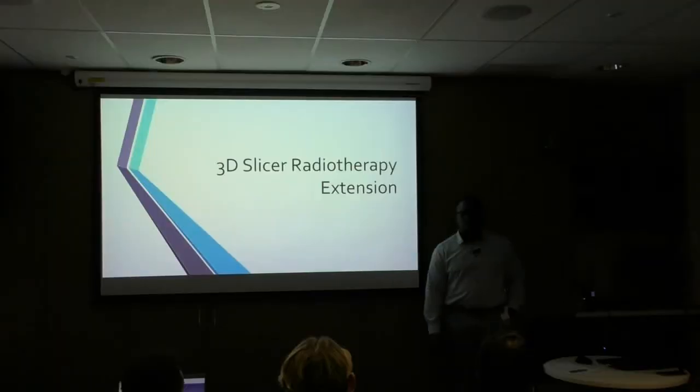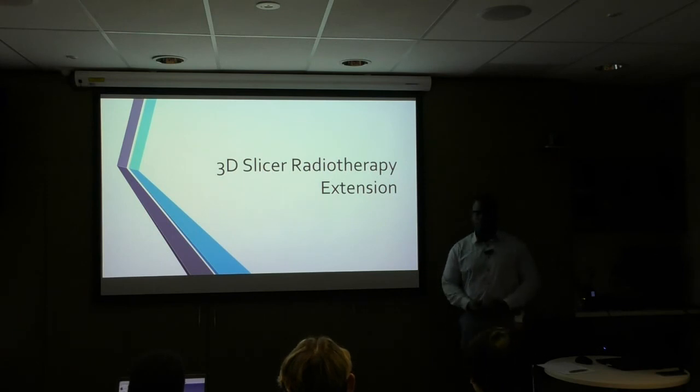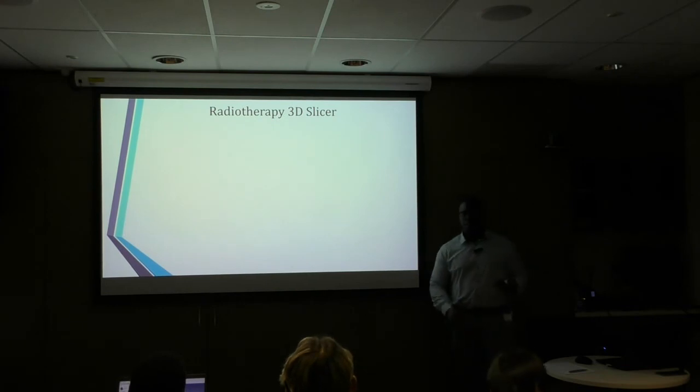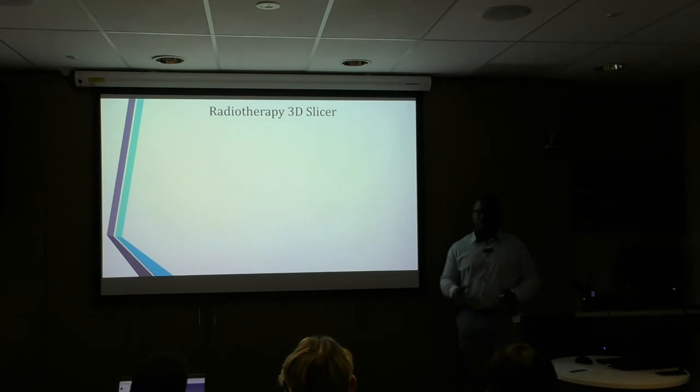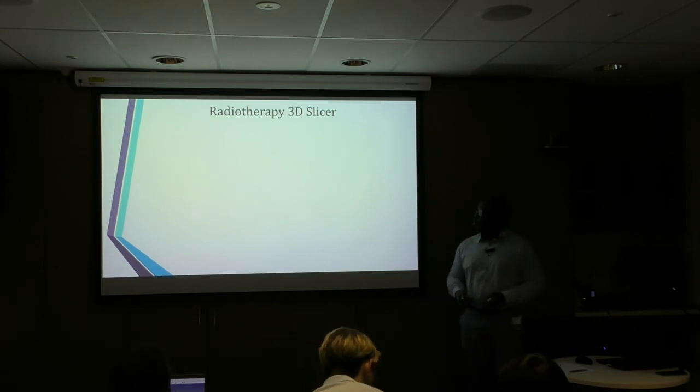Welcome everybody to the second part. I'll be talking about the radiotherapy extension of Slicer. The radiotherapy extension is one of the many extensions, as Warwick showed you guys, and this was where I spent most of my time in relation to Slicer for my project.